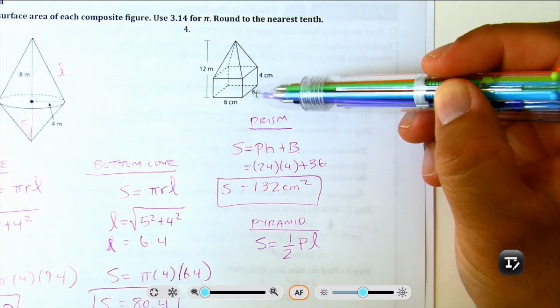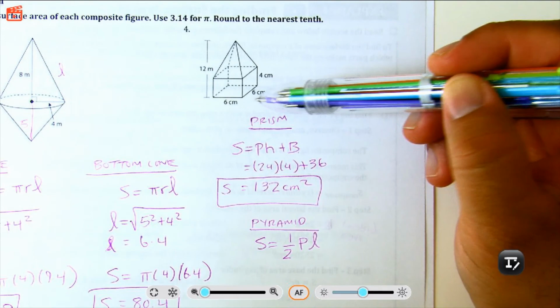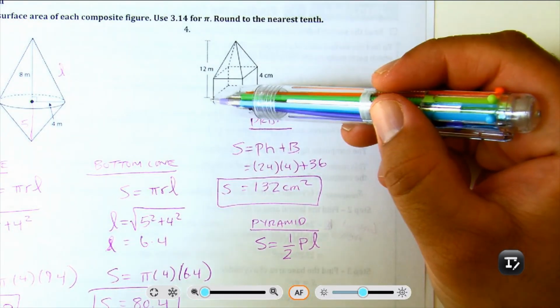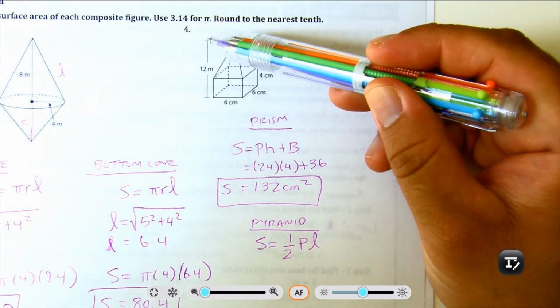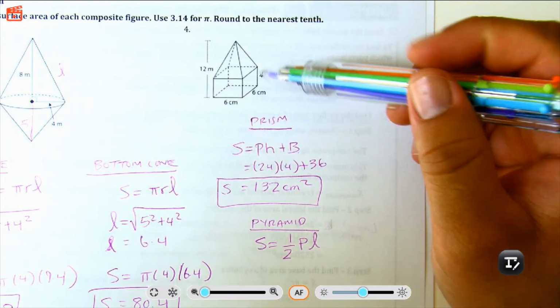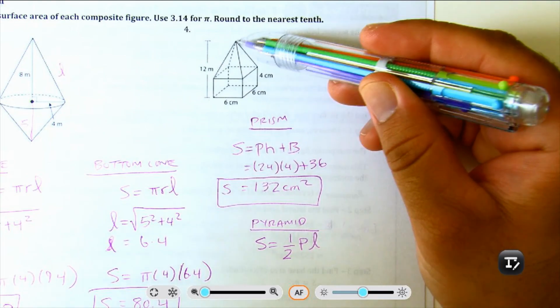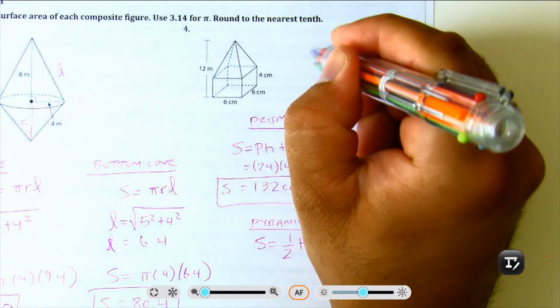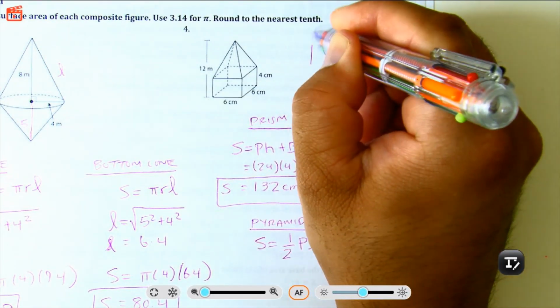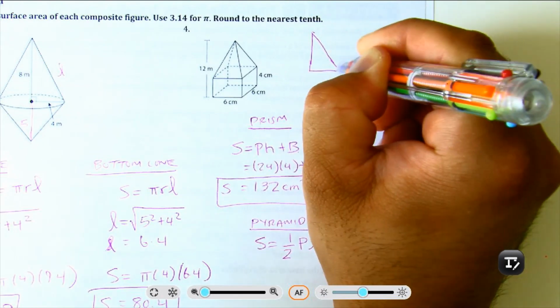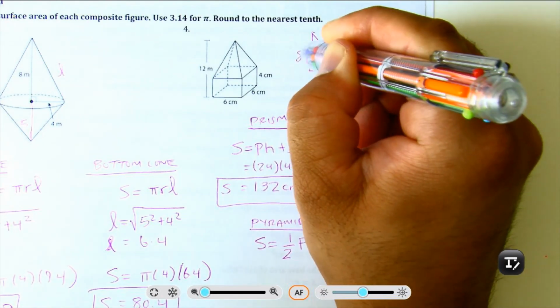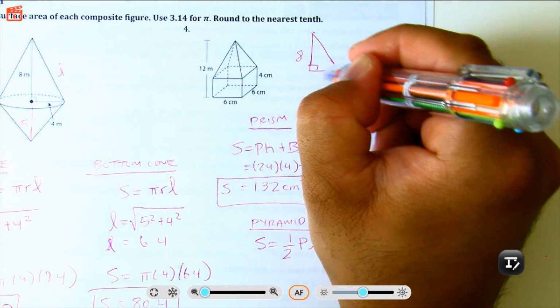If the distance from the bottom of the prism to the top of the pyramid is 12, I know the altitude would be 8. So imagine you have a right triangle where you have the altitude 8, and then half of 6 is 3, and we want to find the slant height.